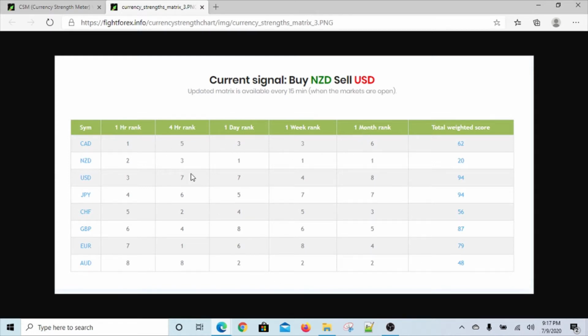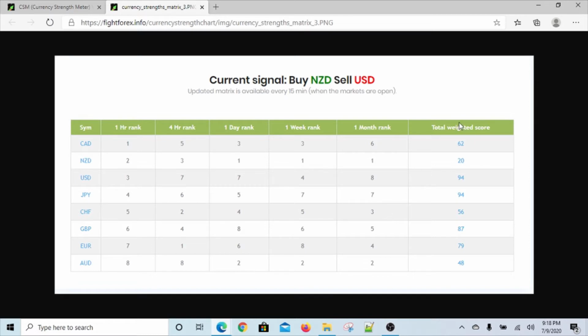For example, Canadian dollar is ranking number 1 on a 1-hour currency strengths chart at this point, but it is 5th on the 4-hour, 3rd on the 1-day rank, 1 week is 3, and 1 month is rank 6, right? Similarly, every currency and its corresponding ranks are plotted in this table, which in a way kind of forms a matrix. So that's why we call it a currency strengths matrix, right?